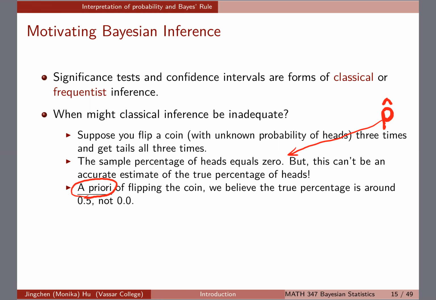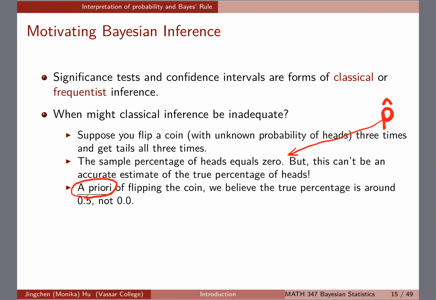If you keep getting tails, it's going to keep going down. But it's possible it's a fair coin. If you're doing it really independently and randomly, it should just stay put around 50%. Anyway, we try to incorporate the prior belief of anything.